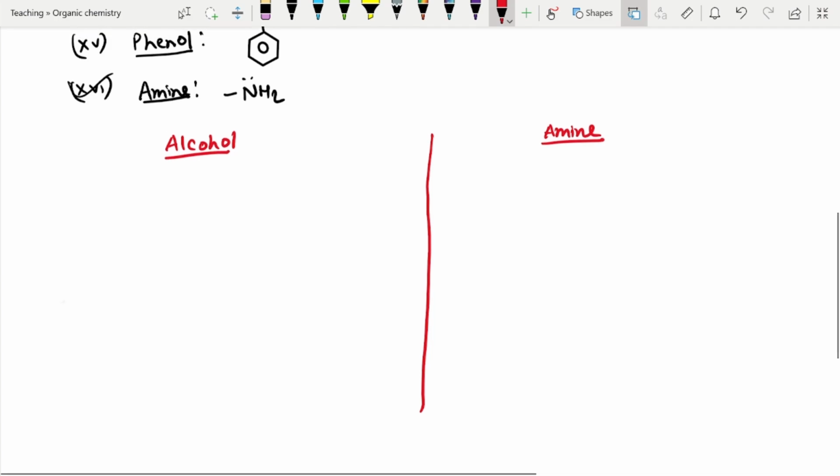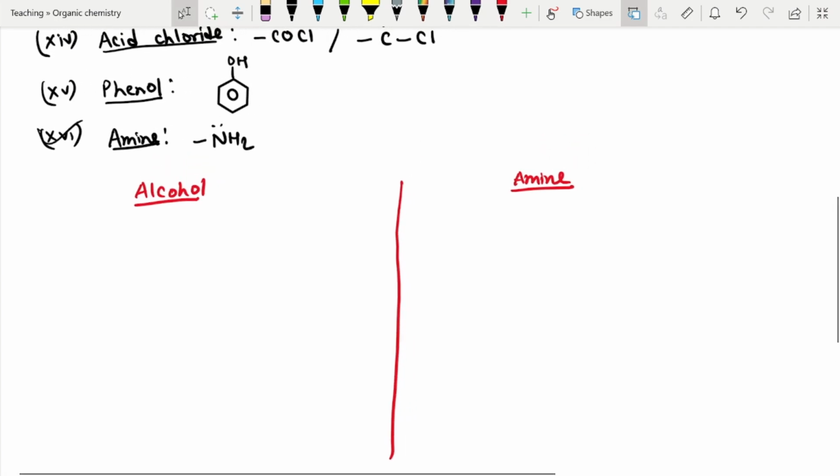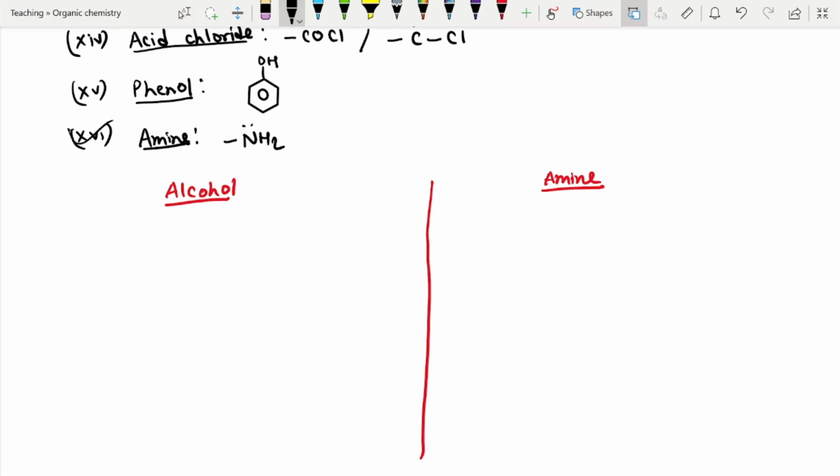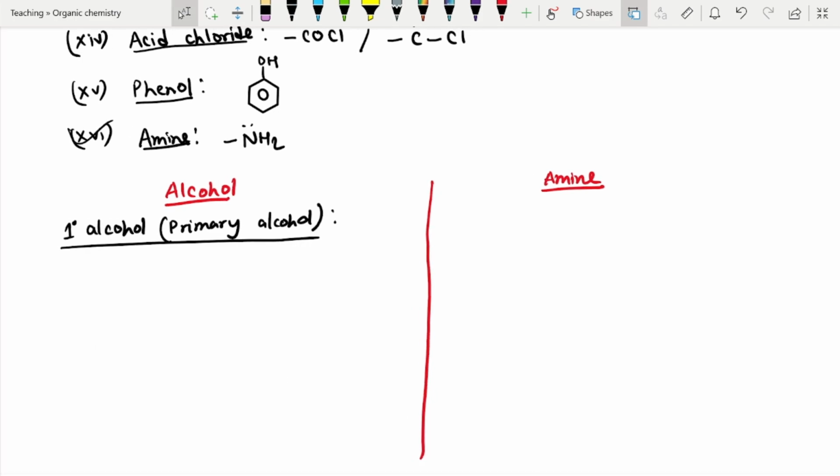So what are those actually? When I talk about 1-degree alcohol, this is also known as primary alcohol. This depends on how many hydrogens are present on the alpha carbon.